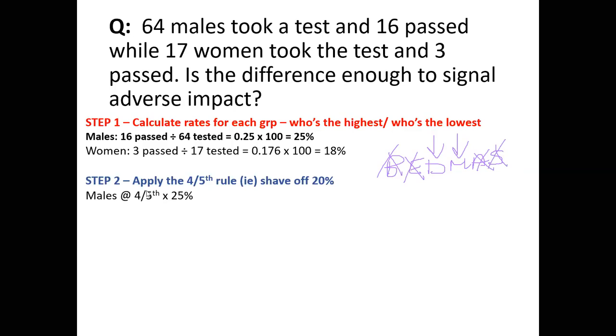So what we're going to do here, let me just clean this up a little bit. We're going to do the division first. 4/5, 4 divided by 5, is 0.8. So really, we're going to multiply 0.8 times 25, because we just want to know what is 80% of 25.